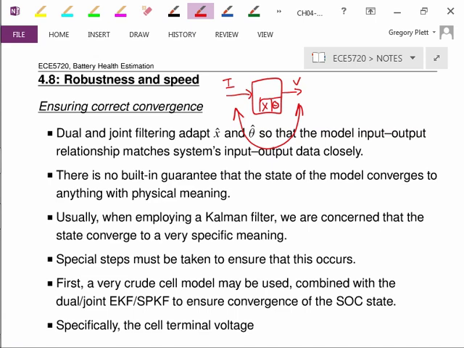But here, because it has the flexibility of adapting both, it may try to overfit the current voltage data, and in doing so, in other words, try to fit the noise or try to account for errors in the model equations or inaccuracies in the model equations themselves by adjusting the state and the parameters in such a way that makes the current to voltage behavior appear to look good, but loses all physical meaning whatsoever in what the state means and what the parameters mean by themselves.